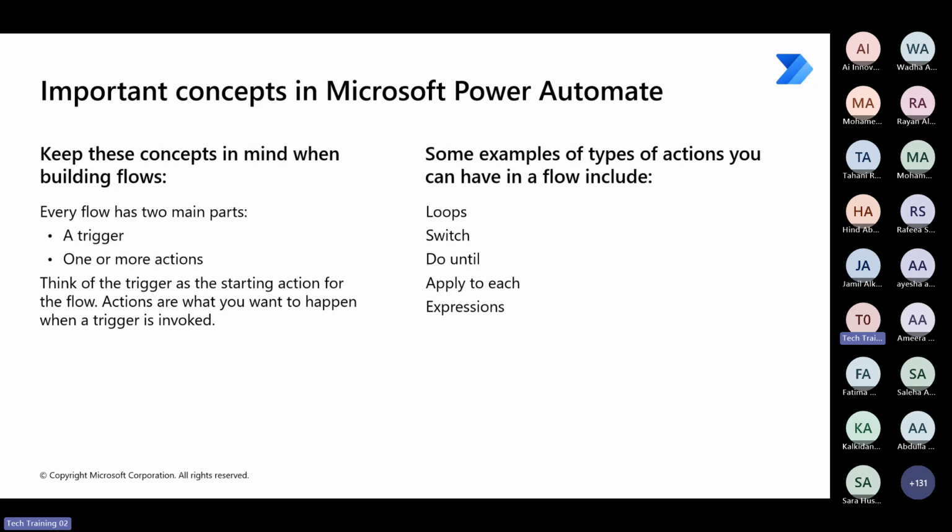So I can have an Excel file inside OneDrive or Google Drive. I can connect Power Automate to it and say, when I push the button, send an email to each one of these emails inside the Excel.